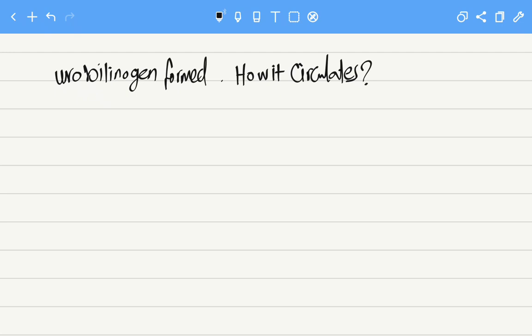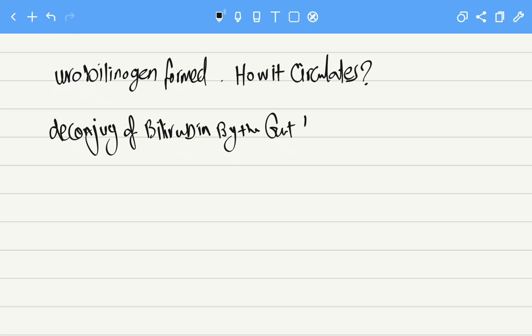Urobilinogen is a colorless product that is formed by deconjugation of bilirubin by the gut flora.